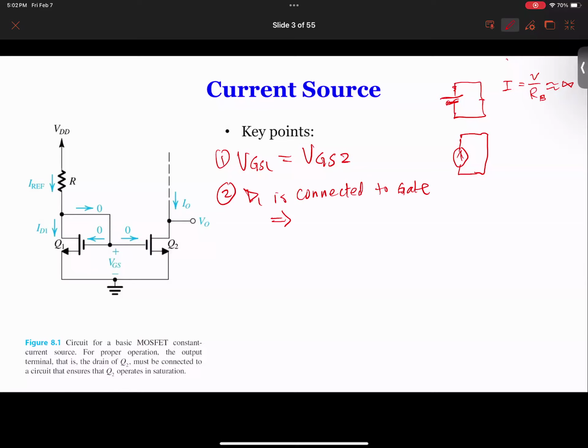Triode? Saturation, right? It's going to be in saturation, because VGS minus VTN is always going to be less than VDS, which is the same as VGS. So VDS is the same as VGS, it's always large, so it's in saturation.